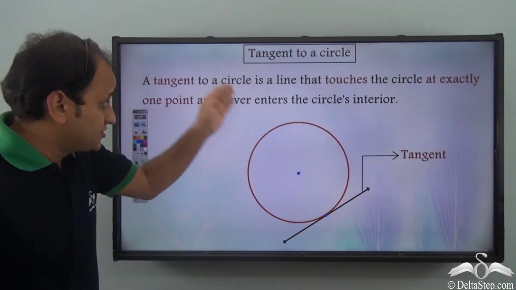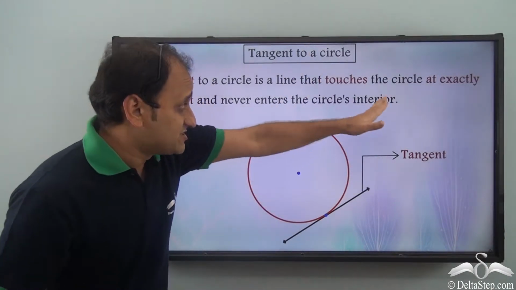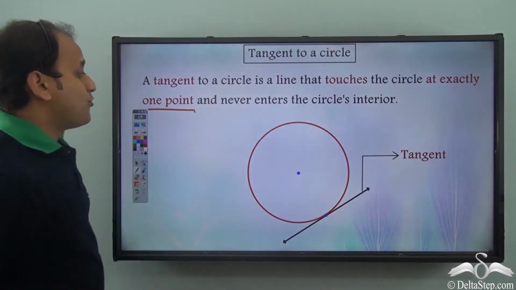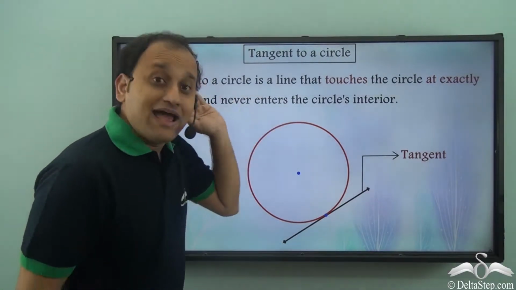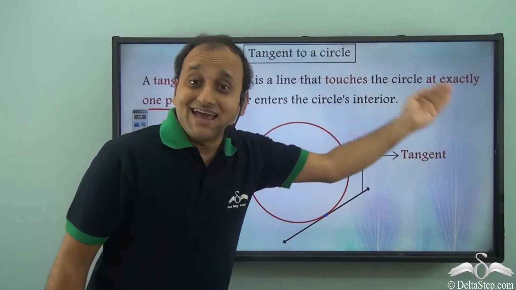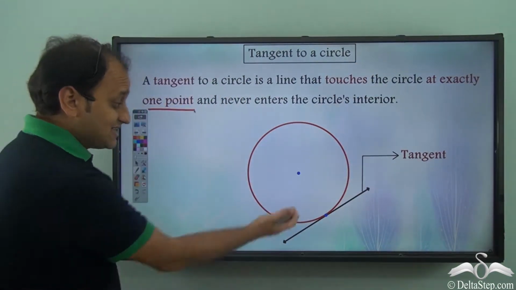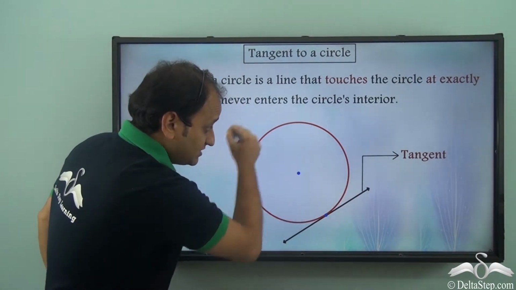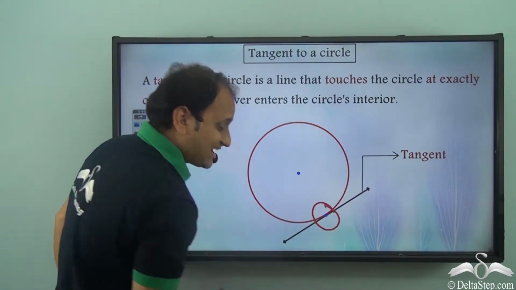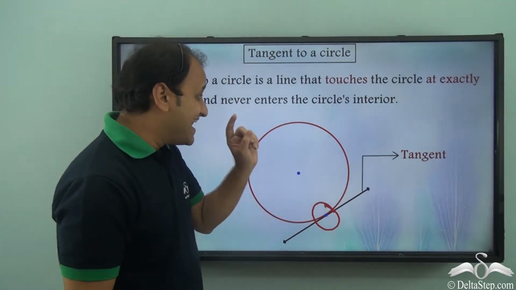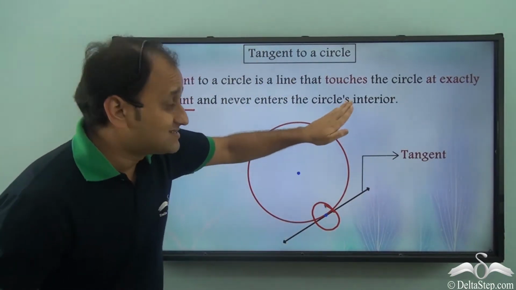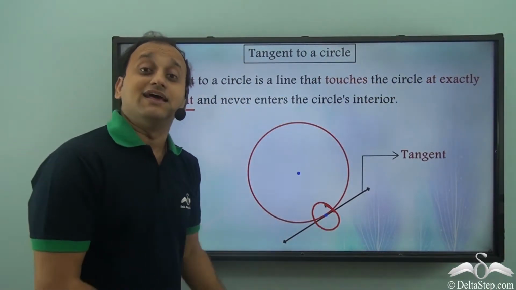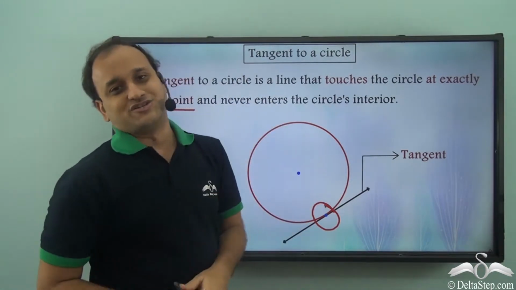A tangent to a circle is a line that touches the circle at exactly 1 point and never enters the circle's interior. So in this case, as you can see, this particular line touches this circle at exactly 1 point and it never enters the circle's interior. And so this line is called tangent to the circle.